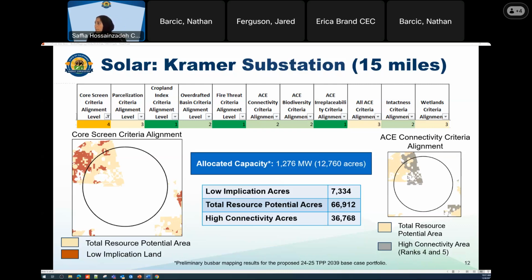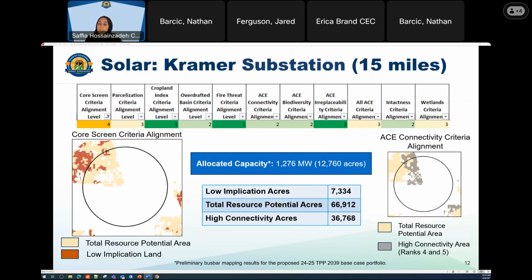And it actually takes up over 50% of the total resource potential area. And the acreage of the capacity that we're planning to allocate to this region would take up about 1/3 of the low connectivity acres.